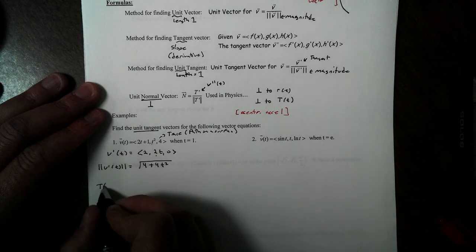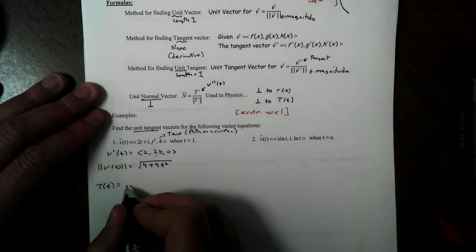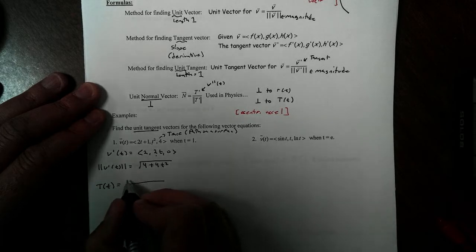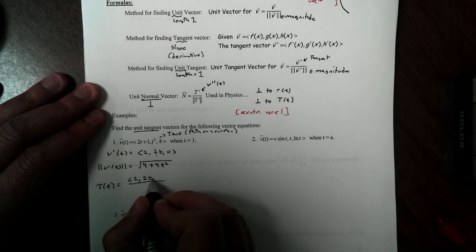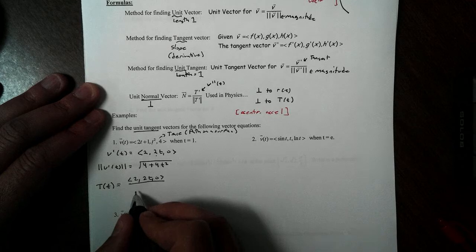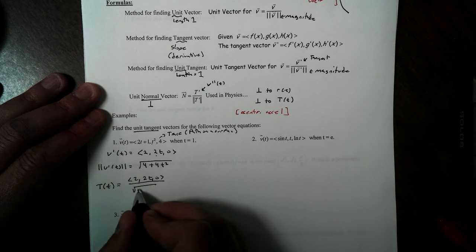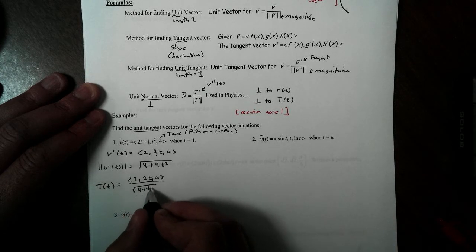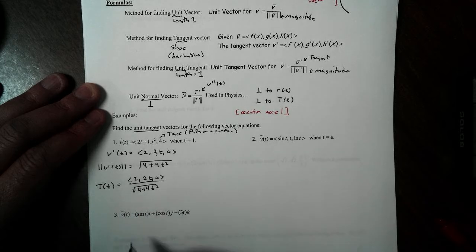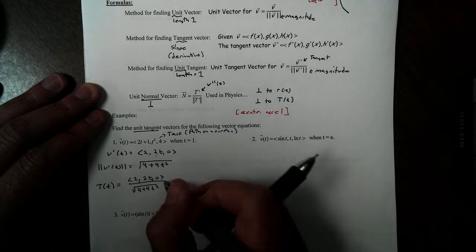So our unit tangent vector would be the following: 2t, 0, and you can use your ijk form if you want to, over the square root of 4 plus 4t squared. Now we're not done. Remember, this is my derivative.